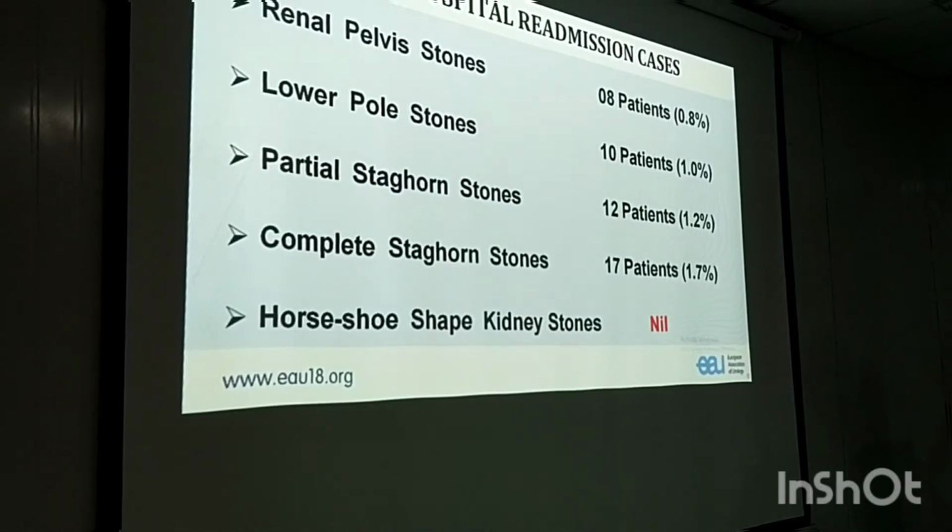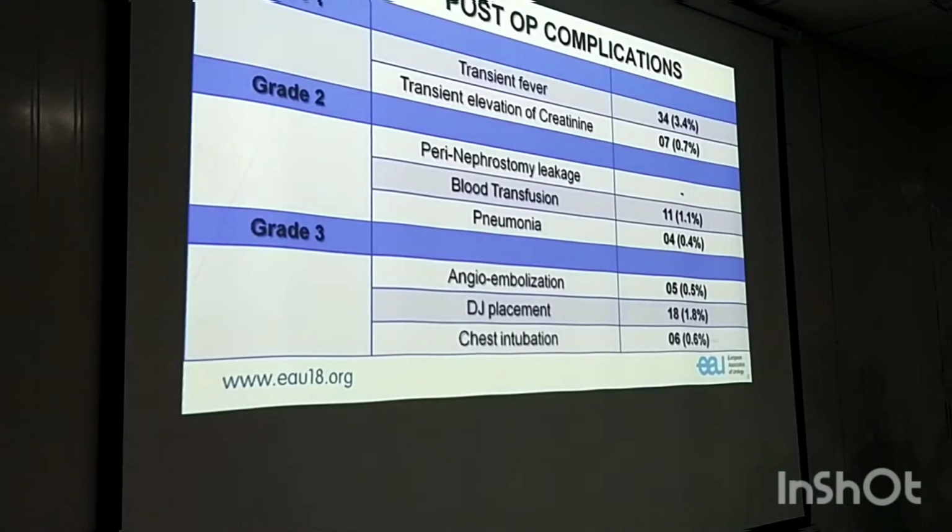In hospital readmission cases, renal pelvis stone was less likely, 0.8%, lower pole 1%. Complete staghorn stones are always challenging, so 1.7% of those patients were readmitted. Regarding postoperative complications for such a huge number of surgeries performed in a year, according to the Clavien-Dindo system, grade 1, grade 2 and grade 3 injuries were in the range of 1.5 to 2%.